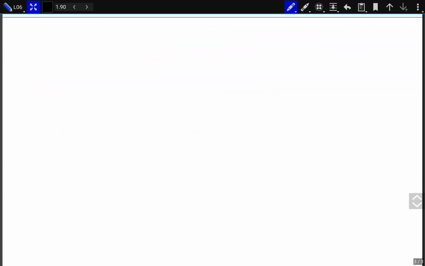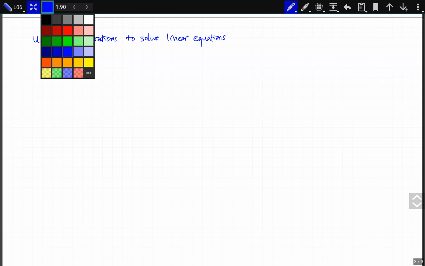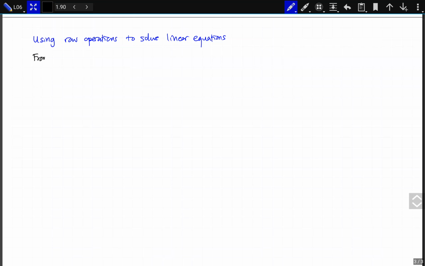Okay, so we're back. So we're going to use row operations to solve linear equations. This was our whole point. And we're going to do it in the case where we already know the answer. So from last time, if you get your notes, you'll have seen that we did this already.